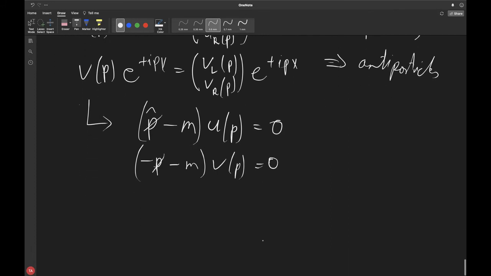So let's have the special case when the particle is not moving, so that means that the momentum is 0.